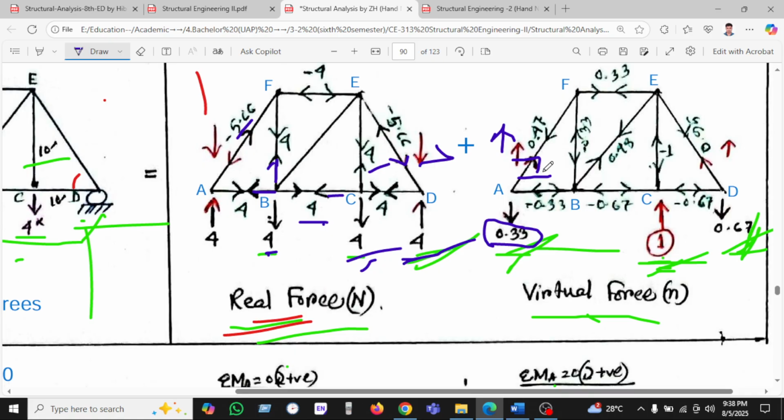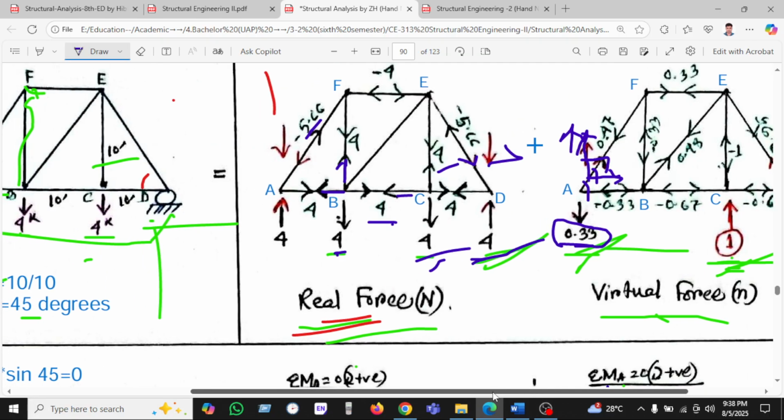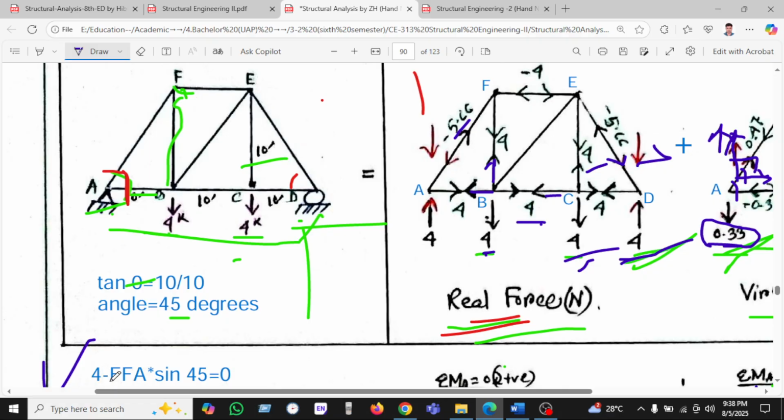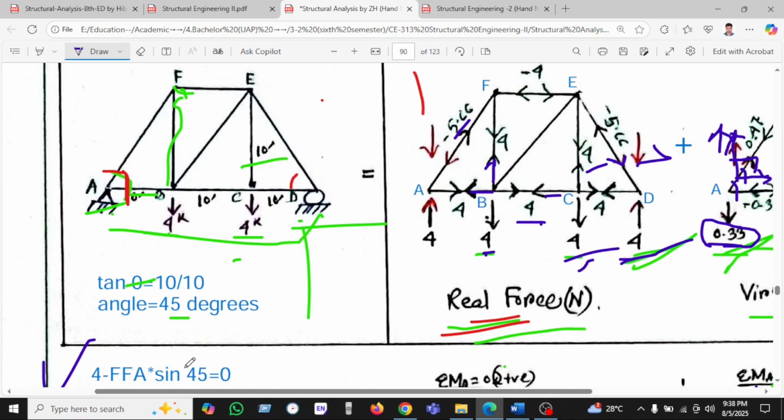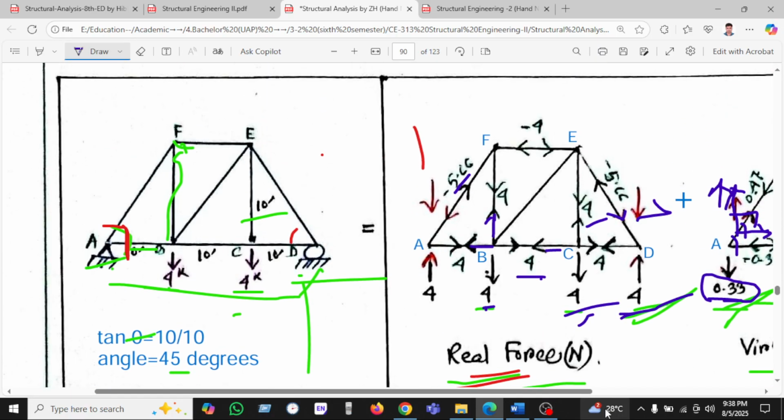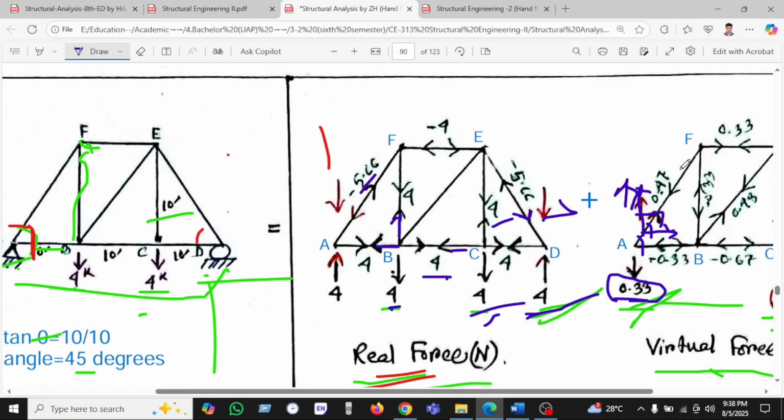So there will be two components, one horizontal and another vertical. So this is the theta and this is the theta, so it must be sin theta. So 0.33 minus, if we use this formula, 0.33 minus FAB equal to sin 45, then we will find here 4.45.